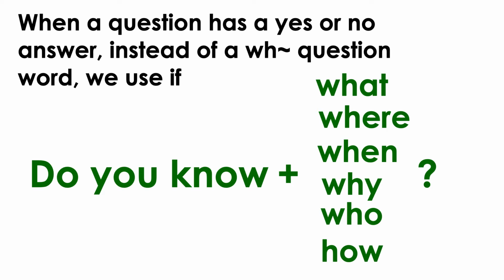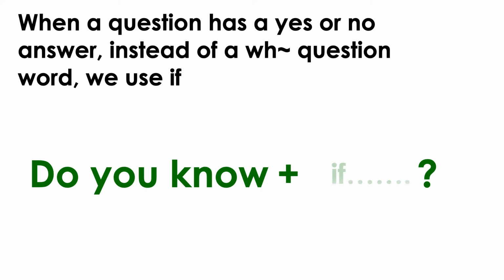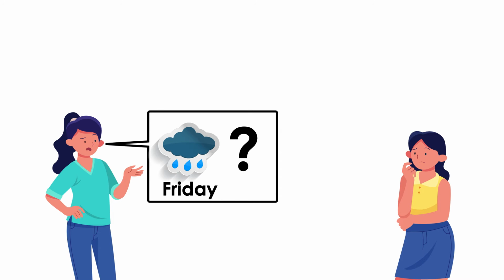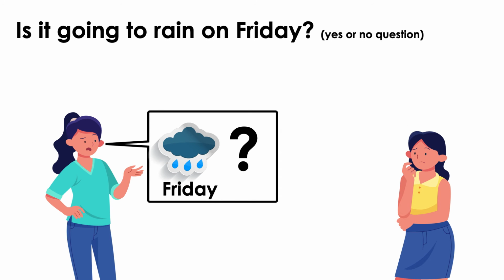When a question has a yes or no answer, instead of a WH question word, we use "if." Let's check out some examples. "Is it going to rain on Friday?" has a yes or no answer.